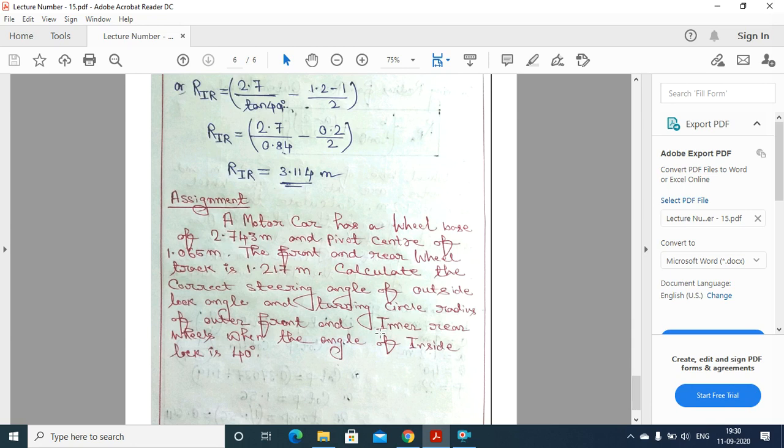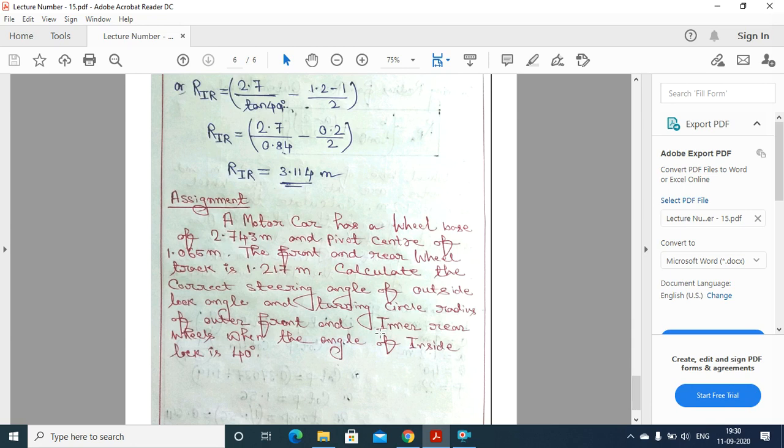Pivot center, small c, is 1.065. The front and rear wheel track, small a, is 1.217 meter.